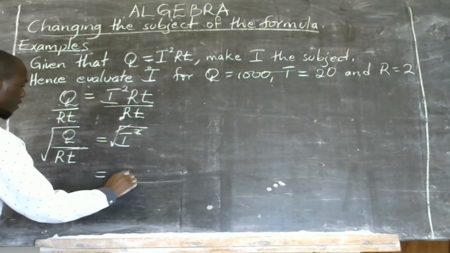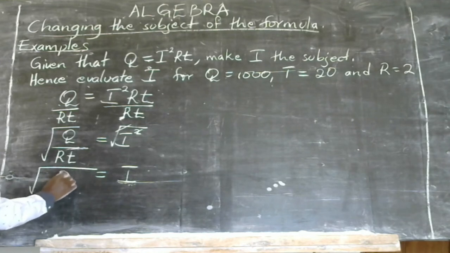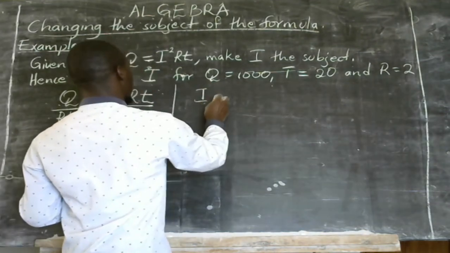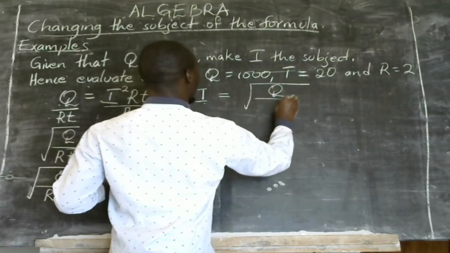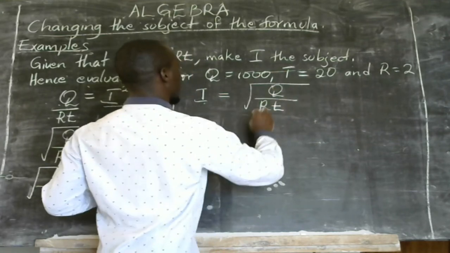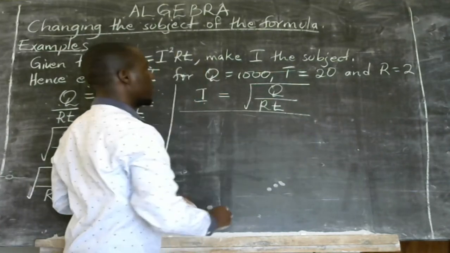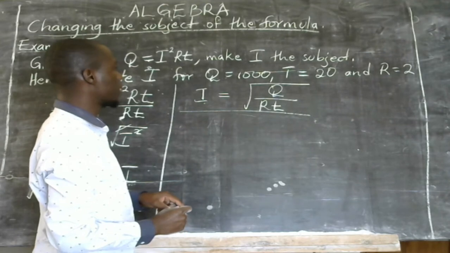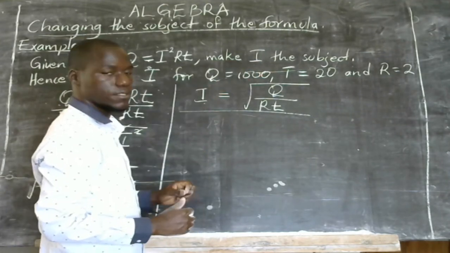Then I'll be having I alone to be equal to the square root of q all over r times the t. Then finally, I can state that the I is equal to the square root of q all over r times the t. So this up to there, that is answering the first part of the question, making I the subject.